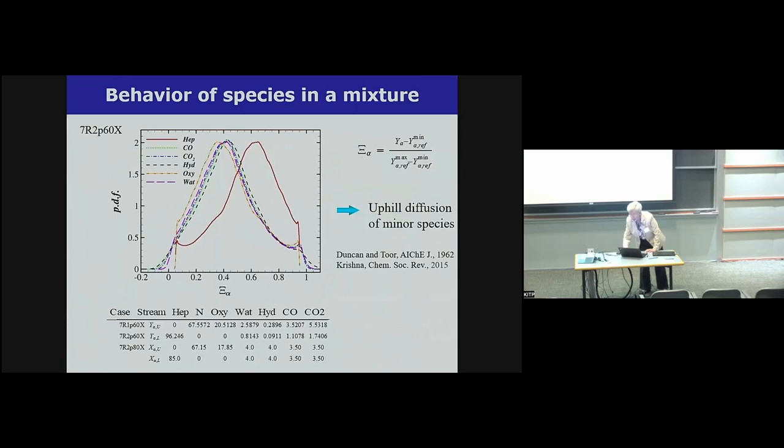All right. Now, there is another way to look at that, okay? And that's the behavior of the species in a mixture. And in order to see that, we created this non-dimensional or normalized variable that is the mass fraction normalized. So we actually computed the PDF of this variable.